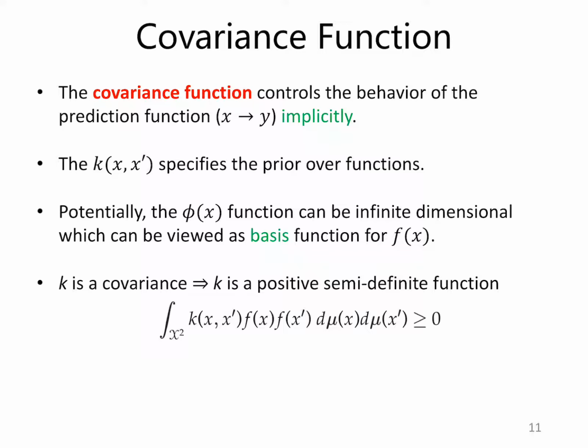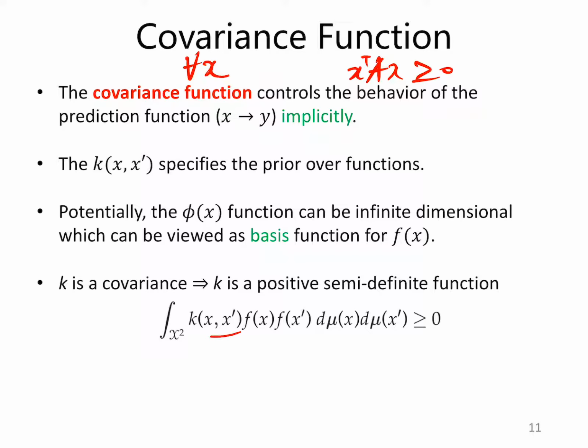Actually, you have very little limitation on this covariance function. All you need to do is make sure that your function is positive semi-definite, which means, remember, a matrix is positive semi-definite if for any x, x transpose times the matrix times x is non-negative. So how can I extend it to a function?